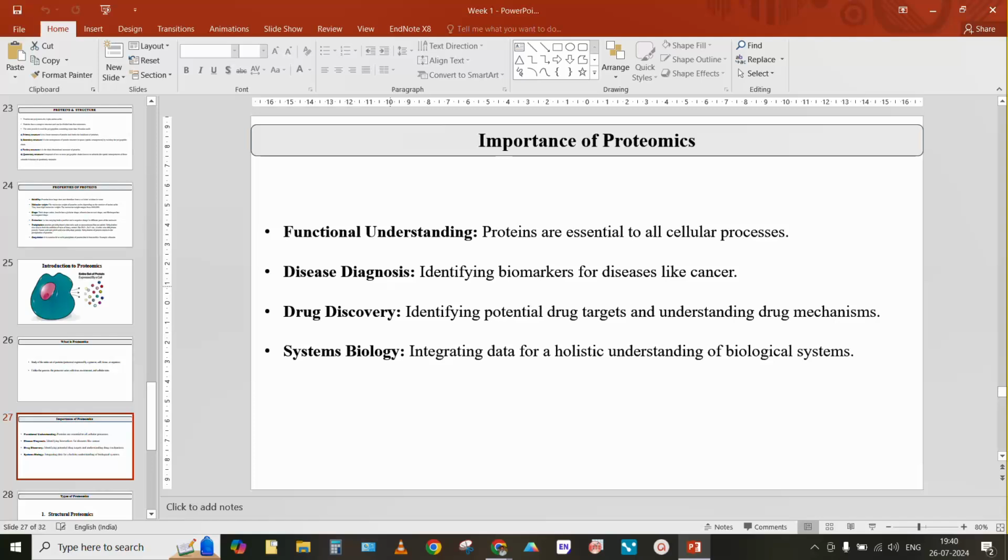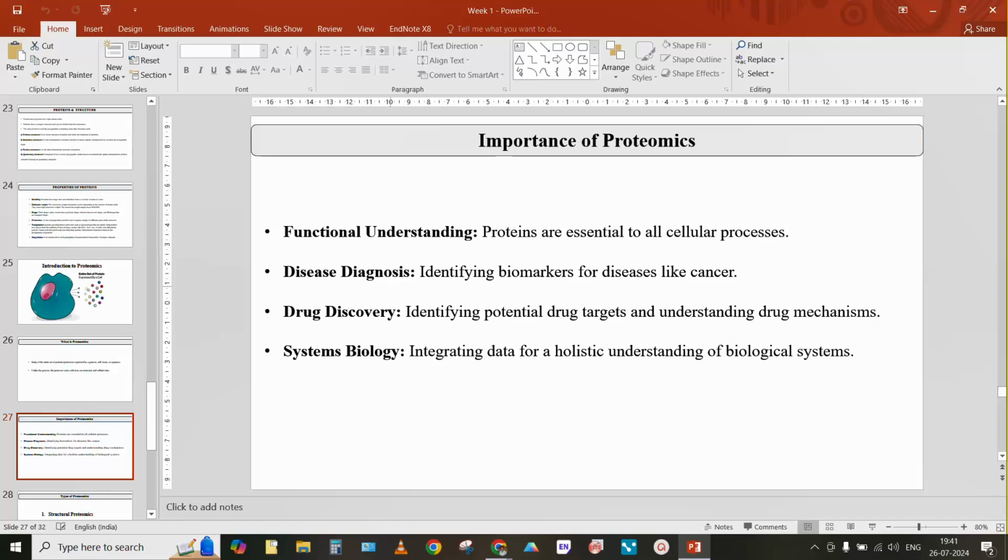And the second importance is disease diagnosis. It identifies biomarkers for diseases like cancer. Many diseases, including cancer, injury, asthma and Alzheimer's, are linked to abnormal protein expression.